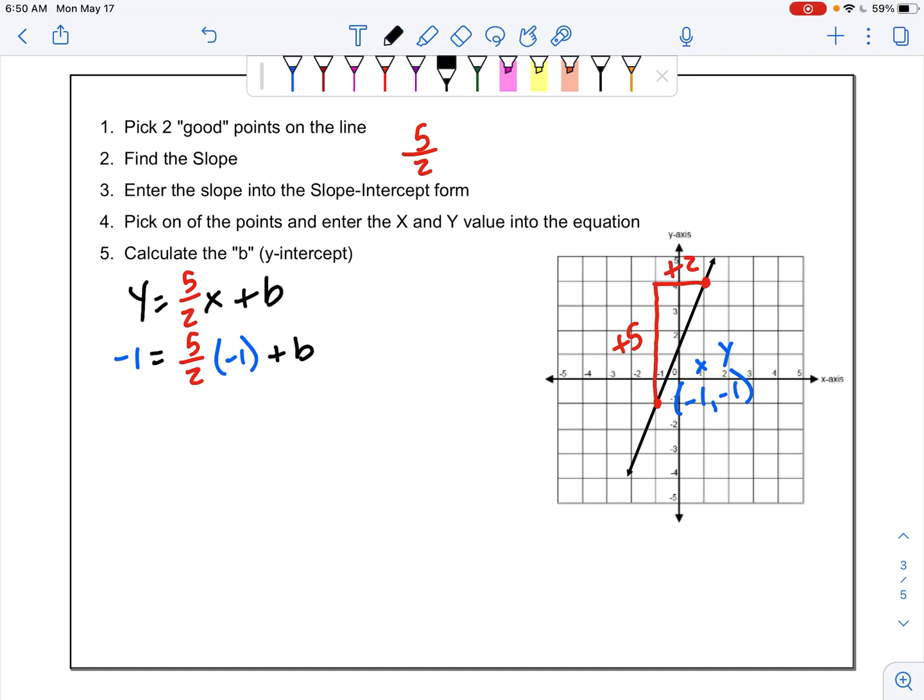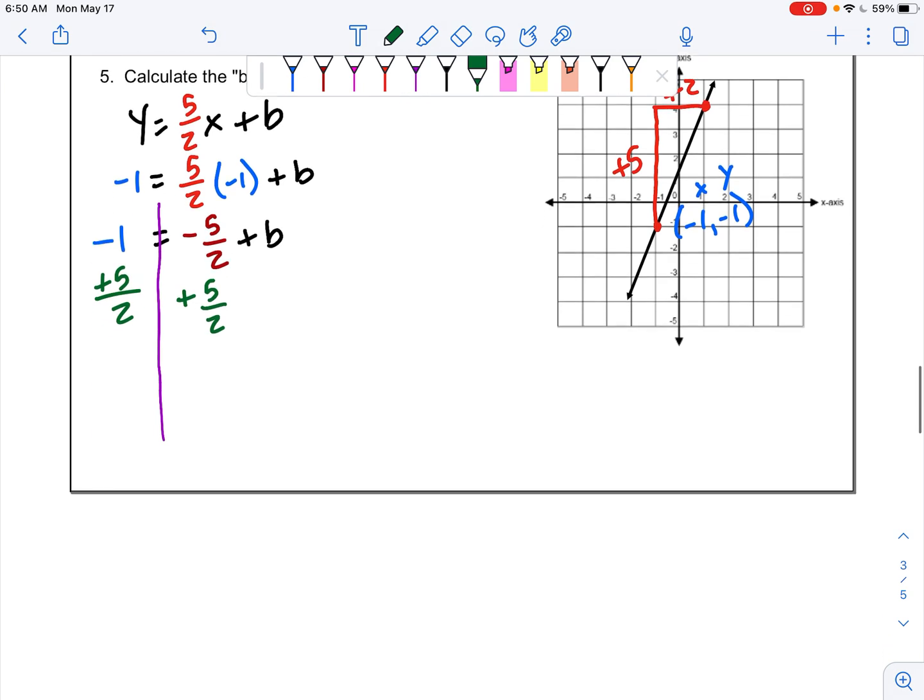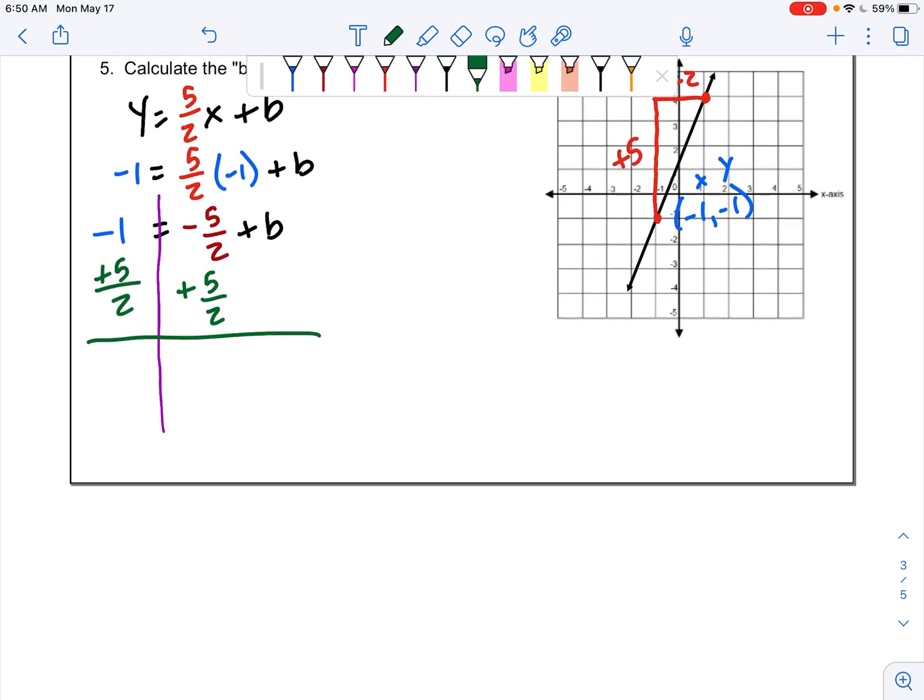Now I'm going to do some math here. So I have 5/2 times -1. So I now have -5/2 plus b equals -1. So now again, I'm just going to do some inversing here. I'm going to add 5/2. So they're going to cancel out. And I'm going to change this negative 1 to a fraction that has 2 as the denominator. So I'm going to change this to negative 2 over 2 because that really is a negative 1.